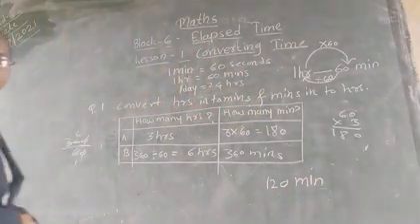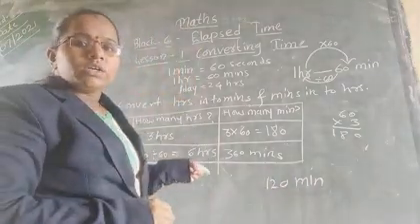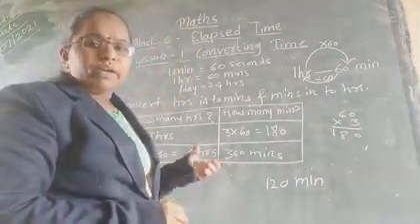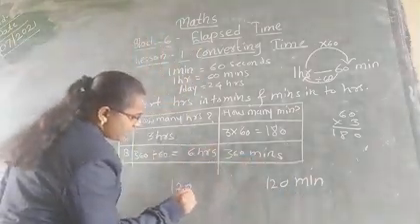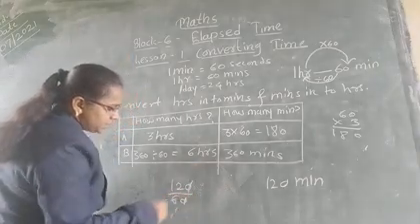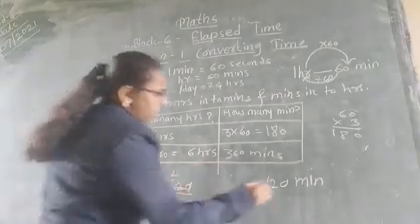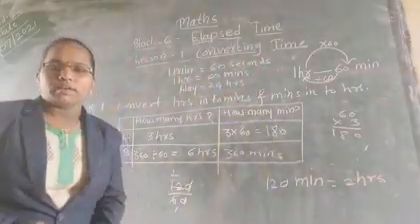At the time of conversion of minutes into hours, we divide the given minutes by 60. Therefore 120 divided by 60, the zeros cancel, 6 1s are 6, 6 2s are 12. So the answer is 2 hours.